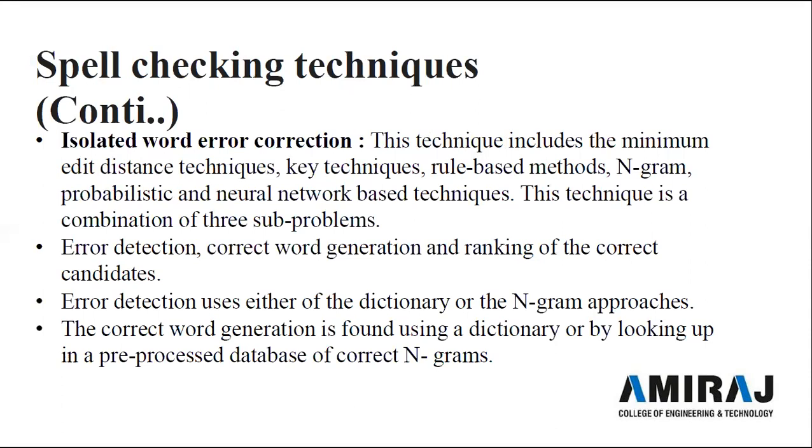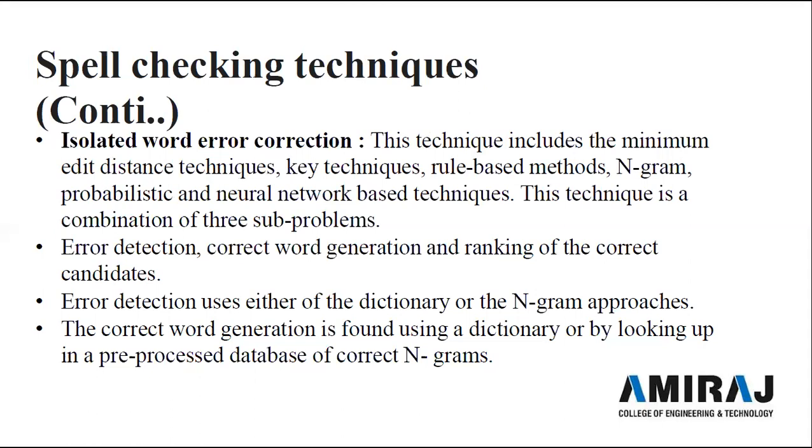Okay. The second spell checking technique is isolated word error correction. This technique includes the minimum edit distance technique, key technique, rule-based method, n-gram probability, and neural network-based technique. This technique is a combination of more than one technique, right? So it includes the minimum edit distance technique, key technique, n-gram technique, and neural network technique.